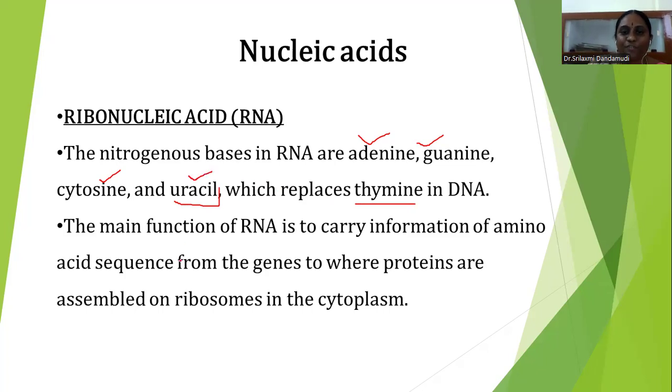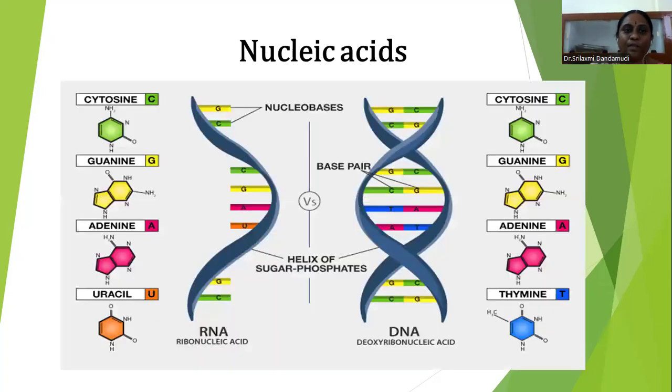The main function of the RNA is to carry information of amino acid sequence from genes to produce protein structure. So see here, this is the RNA structure. It contains 4 bases: guanine, cytosine, adenine, and uracil. So in RNA, instead of thymine, we have uracil.